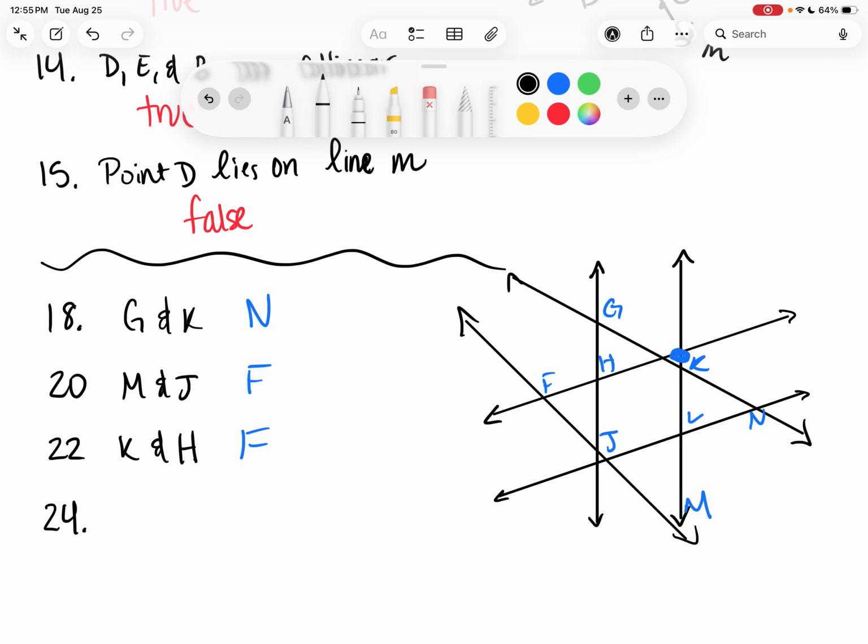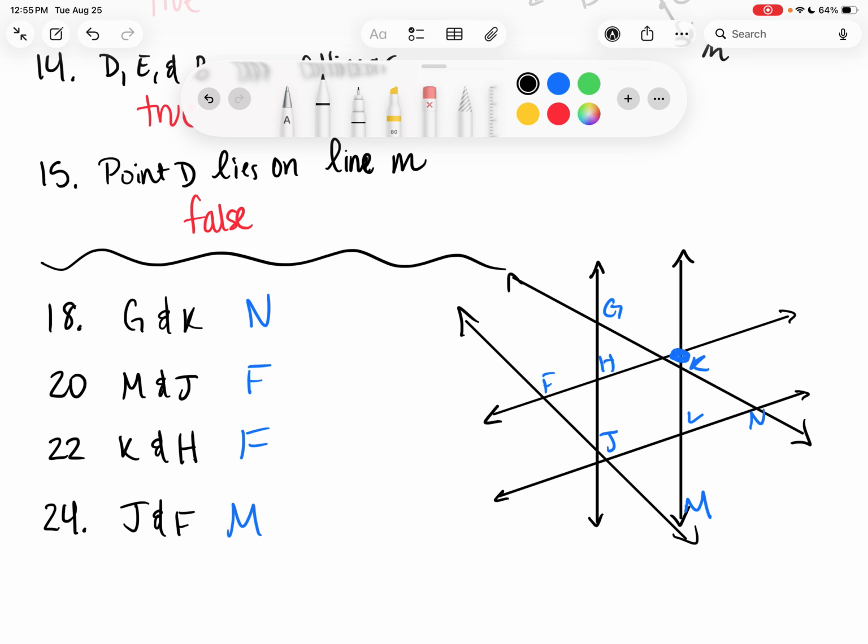24. J and F. M. Yep. M. Aside from my picture being bad, are we tracking on these? Yes, no, maybe so. Okay.